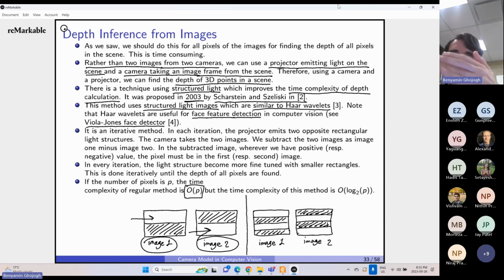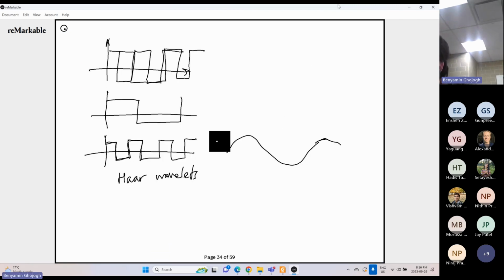It halves the parts every time, and does that iteratively, right? Then using some technique, I'm not going to explain the details of that technique, I'm just giving you a hint. You can go and read the details. We can find the depth of every pixel in time O(log p) rather than O(p). So we improve the time complexity from O(p) to O(log p), where p is the number of pixels in the image. So time became logarithmic.